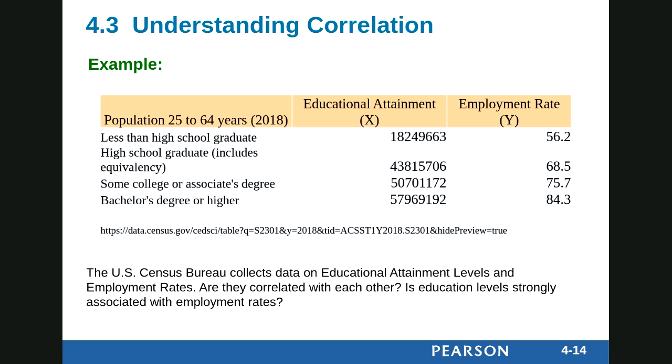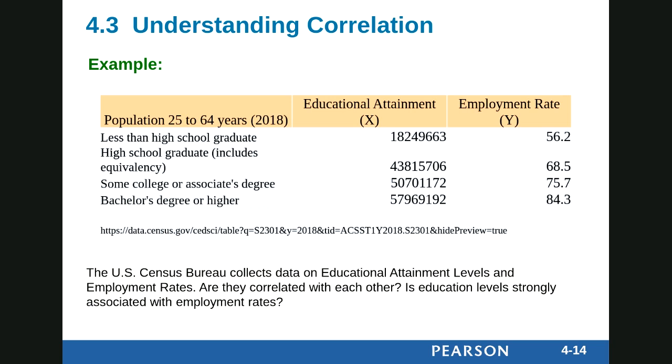Those who had a high school diploma was 43,815,706, and so on. Now the third column, employment rate. 56.2% were employed and they had less than a high school diploma. 68.5% were employed and they were a high school graduate, and so on.